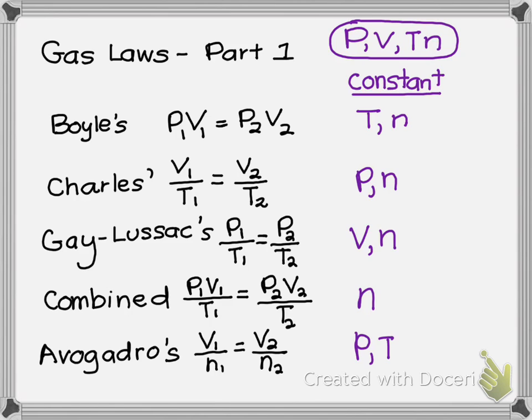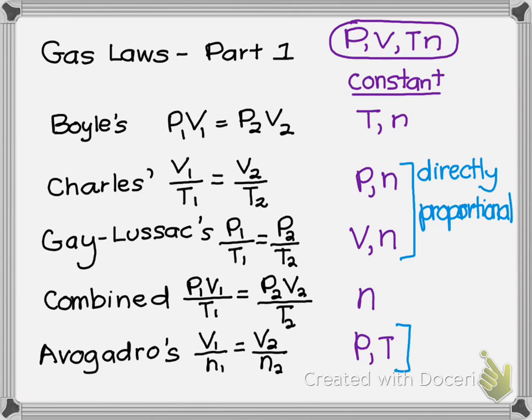Now, 3 of the gas laws are all directly proportional, these 3. So again, what directly proportional means is that the two properties are going to change in the same direction.